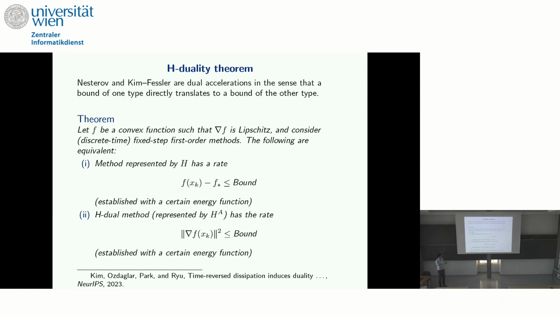We want the function value to be less than something divided by k squared, and this bound and that bound are exactly the same. Indeed, the guarantee for Nesterov and the guarantee for OGM-G are exactly the same, and this symmetry relationship explains that interesting relationship.